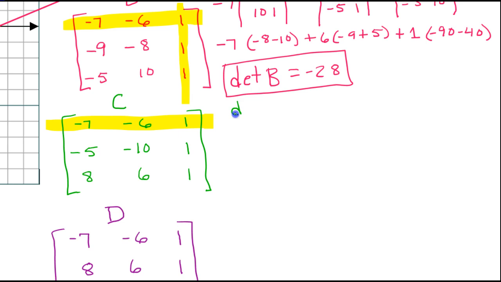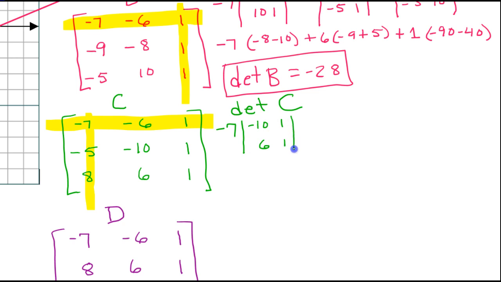Okay, so I am calculating the determinant of matrix C. My first cofactor is negative 7, and the minor is going to be, if I cancel out the row that has the negative 7, it reveals negative 10, 1, 6, 1. So negative 10, 1, 6, 1.